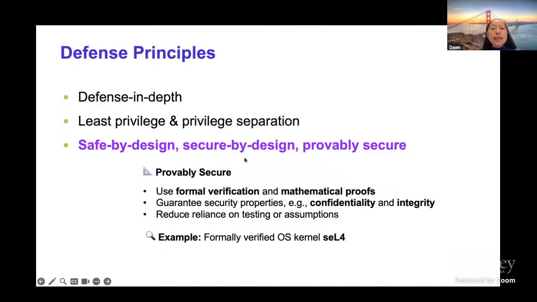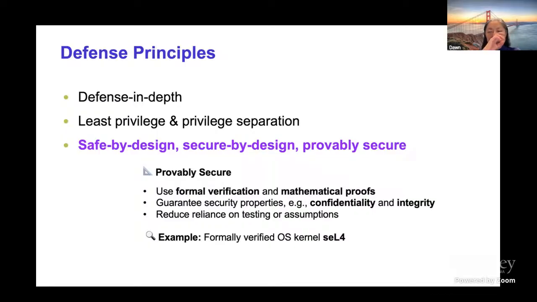Another important defense principle is that we ideally want to build systems that are safe by design and secure by design, and ideally provide a provable guarantee of security for the overall system.